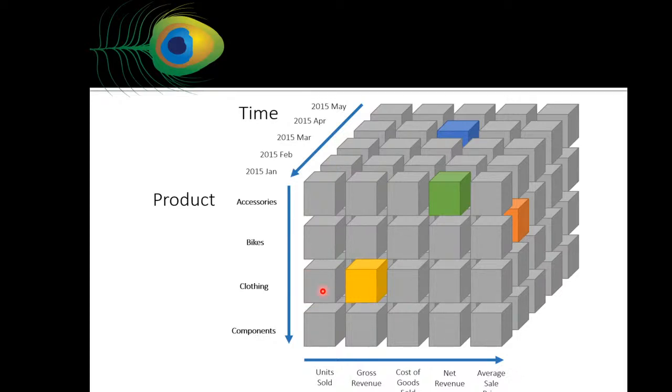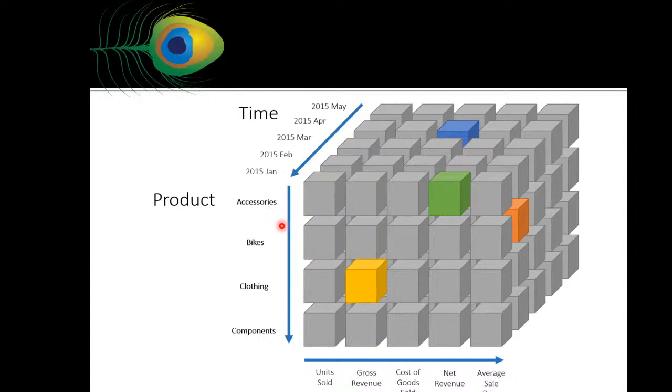So that will give you the total units sold for that particular clothing component, the number of units sold in the year 2015 Feb, right? So that is what you need to understand. Now if I say, what is the cost of goods sold in the year 2015 April for accessories?